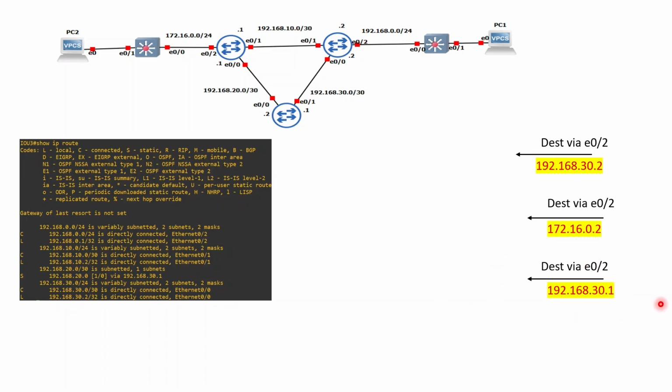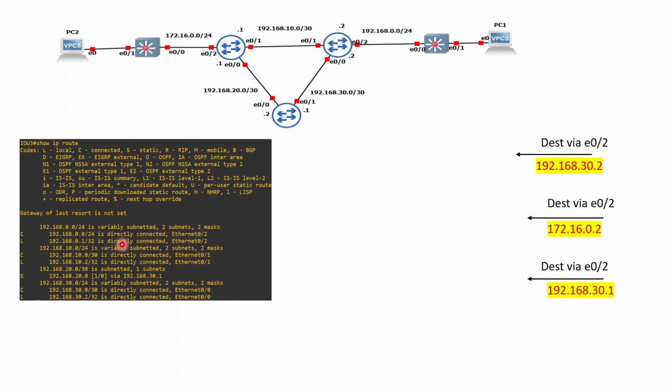After it decrypts this packet, it is going to cross-check this destination IP address 192.168.30.1, and it is going to ask itself, do I have a route to this network? So it is going to cross-check its routing table.